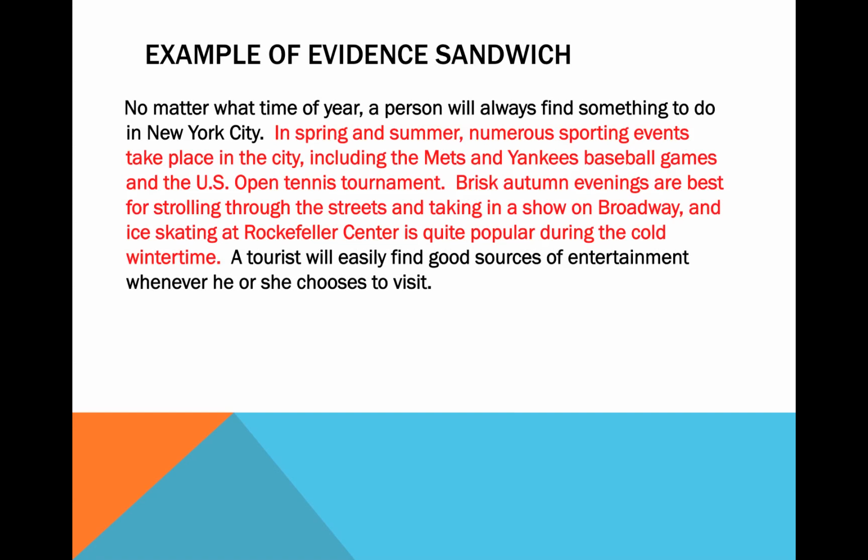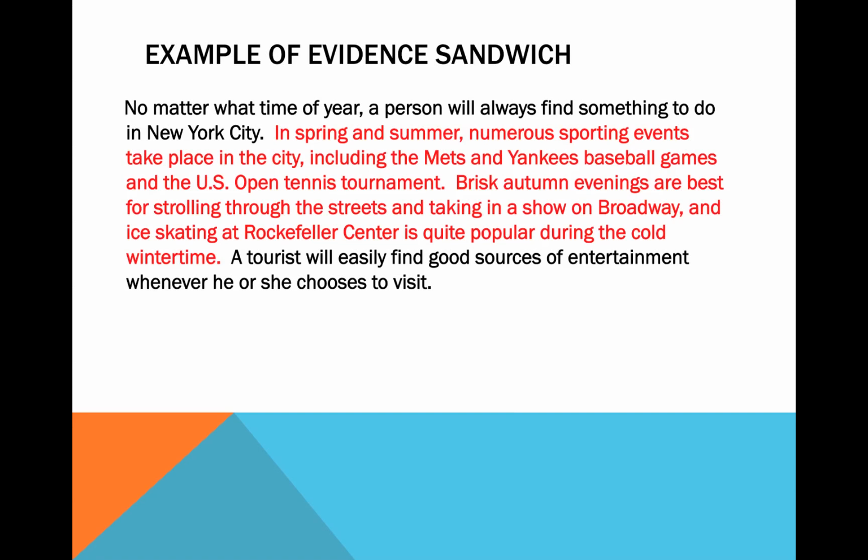So you've got something for autumn, and you've got a specific example for winter. All of the seasons are covered, and then you can move into your concluding idea, which sums up how and why all this information is important. It shows that this is the evidence I had to show that a tourist will find good sources of entertainment no matter what time of year the tourist decides to visit. So it's pretty cut and dry in how it's delivered.